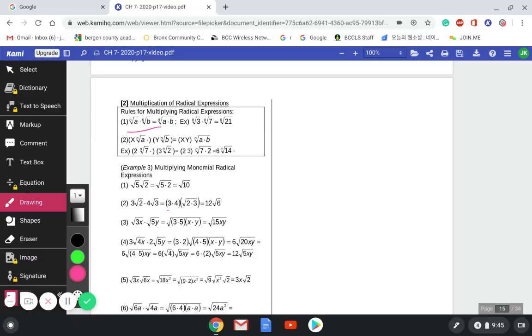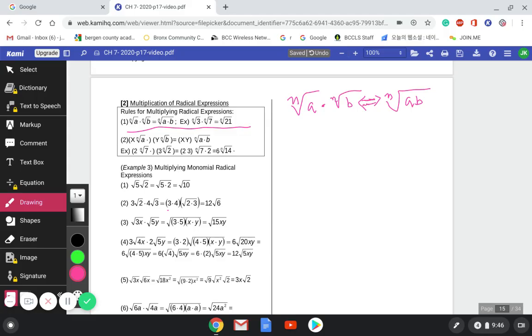So like number 1, if you have the same index with the a multiplied with the same index with the b, you can put them into one root, or vice versa, in both ways. So you can combine them, or you can separate them.